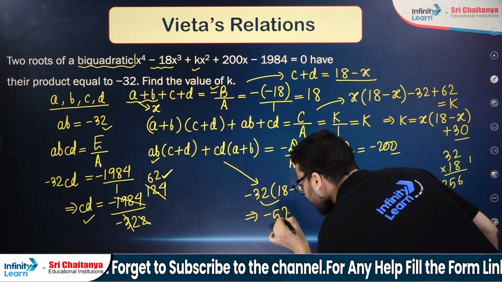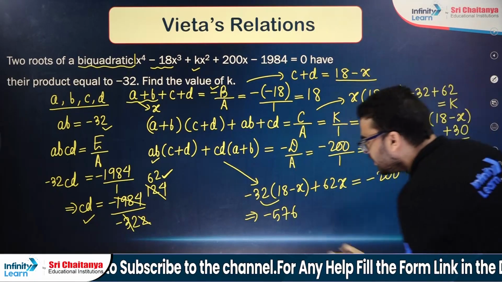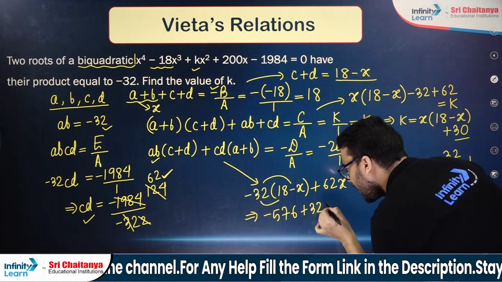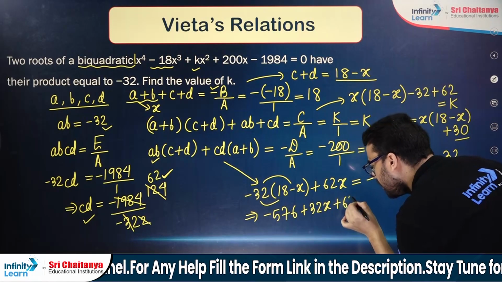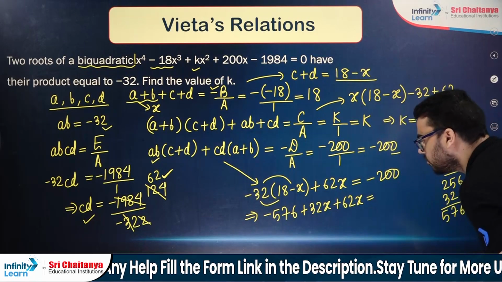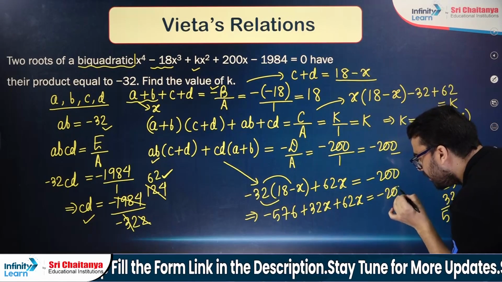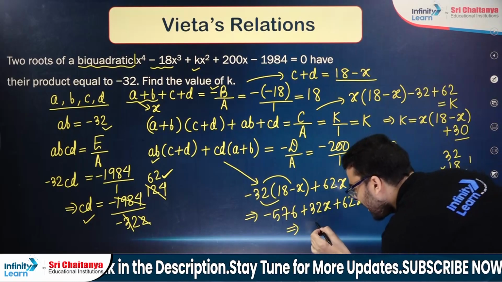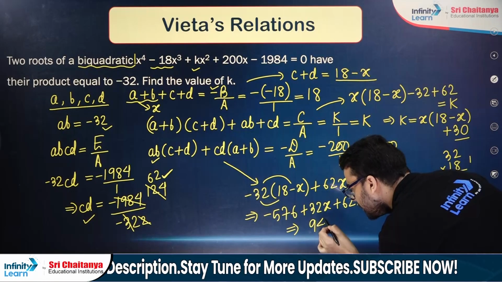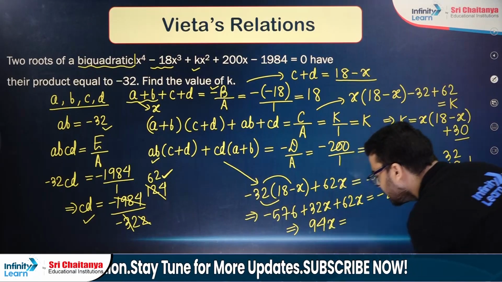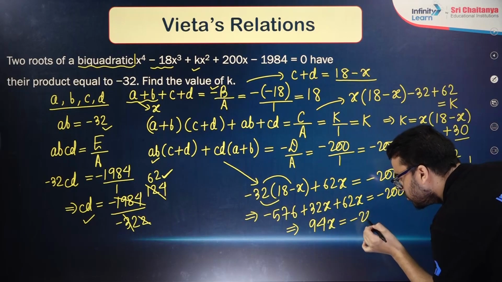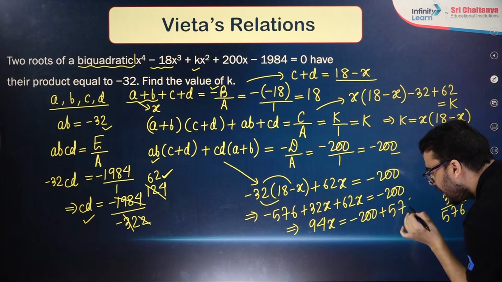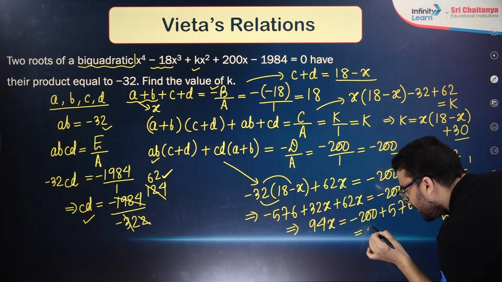Now you see this will be plus 32x plus 62x, and that is equal to minus 200. So what will you get from here, guys? This is 94x, that is equal to minus 200 plus 576, and that will be equal to 376.